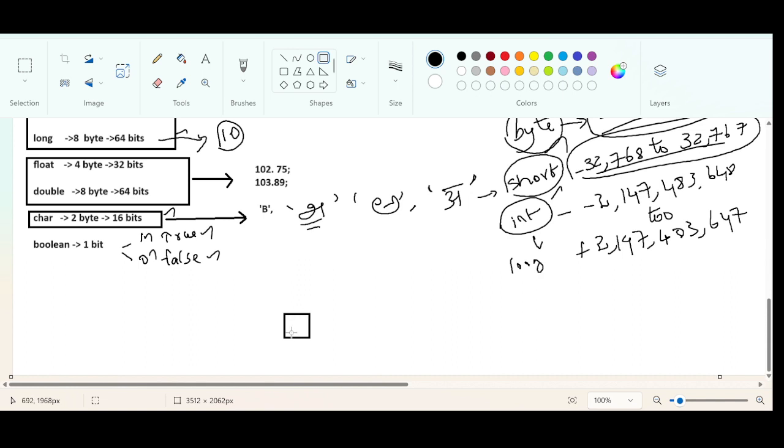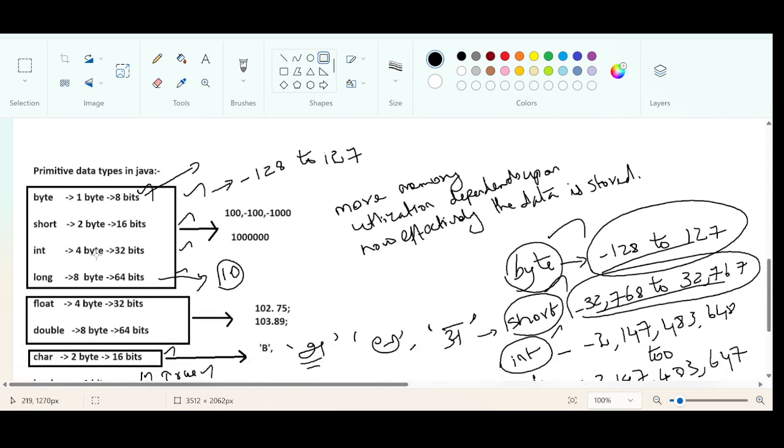By using 1 bit, you can store either 1 or 0. Two potential values are possible. For example, true and false. The Boolean data type has a memory capacity of 1 bit. It means it can store either 1 or 0. 1 is also called true, 0 is also called false, right?